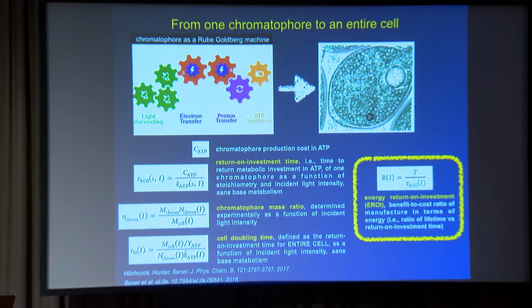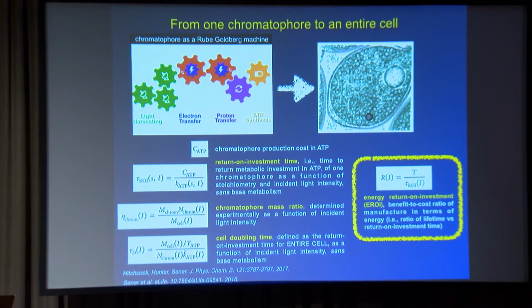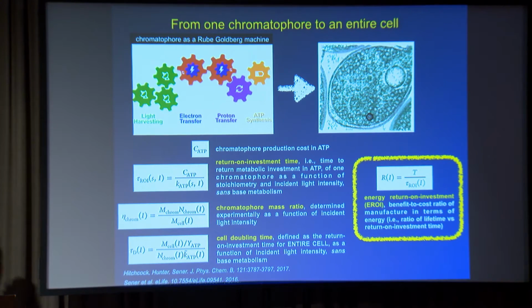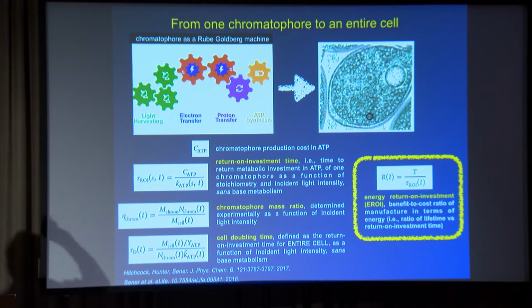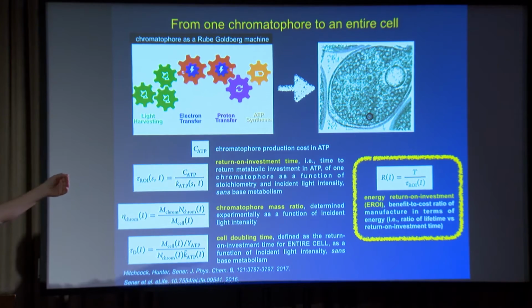You have to borrow it from experiment. And so my aim, as I go from a single chromatophore to the scale of an entire cell, is to account for total ATP production rate integrated over the entire cell.